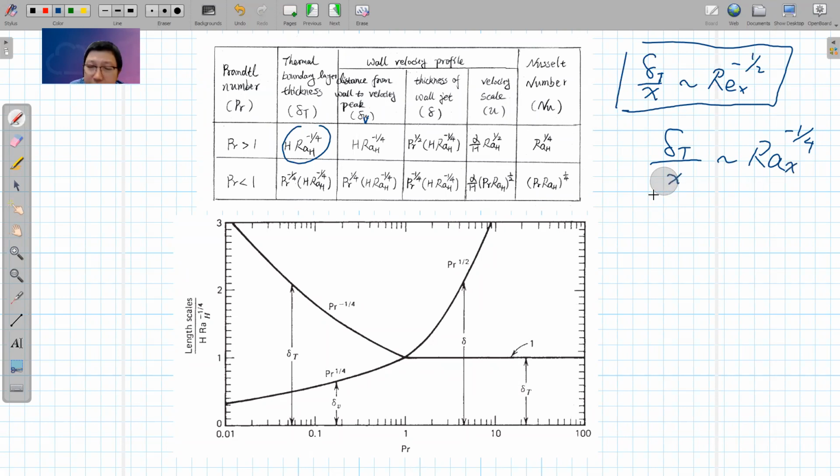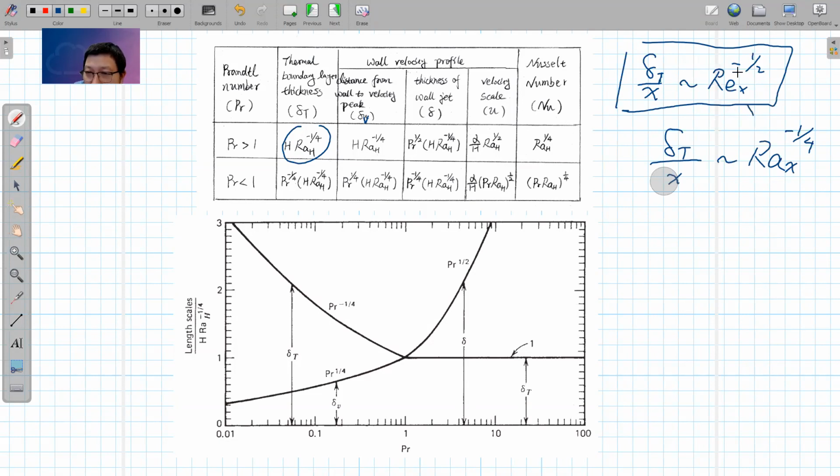So what does this mean? This means that the role of this Rayleigh number is similar to the role of the Reynolds number for the laminar boundary layer in forced convection. So this is equivalent.